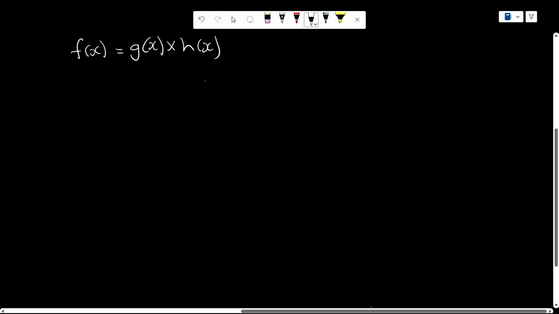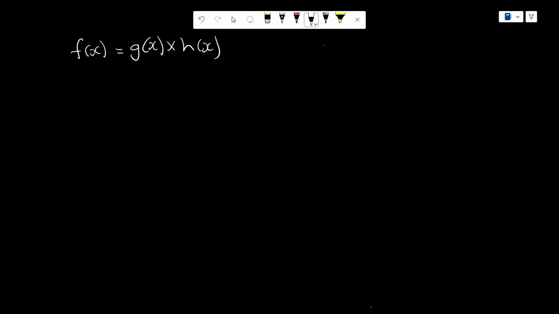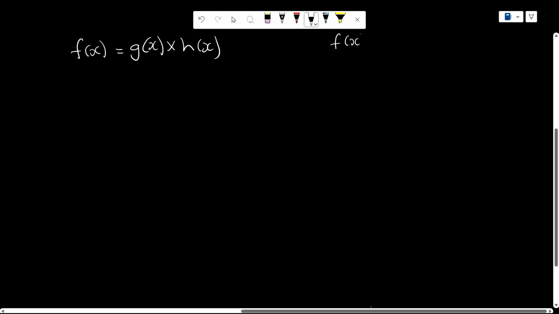Okay, so remember when we did the derivative using the power rule, we only had a function equal to some function, let's say x squared, right? So here we could derive easily.